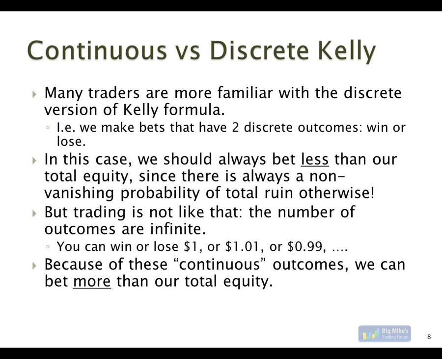So let me pause again for a moment to see if there are any questions about this distinction. There's not any questions, I don't think. Actually, hang on, one just came in. How does Kelly come into play if you have multiple strategies and the strategies share some correlation between them? For example, a momentum strategy. I think maybe he's talking about different strategies on the same instruments, or in the futures world, maybe if you're trading index futures, they're pretty highly correlated.